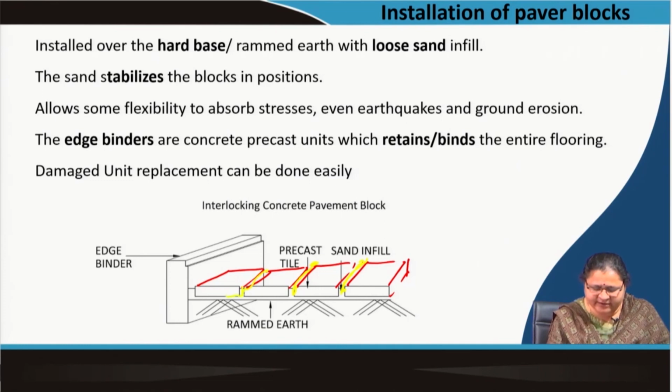Why sand? This sand will move down. This sand will actually give the stability of these blocks. So whatever load is falling on this, if it is not falling on this, this can go down, but the sand will move that side and will stabilize the whole thing.